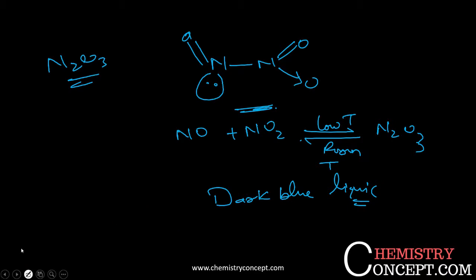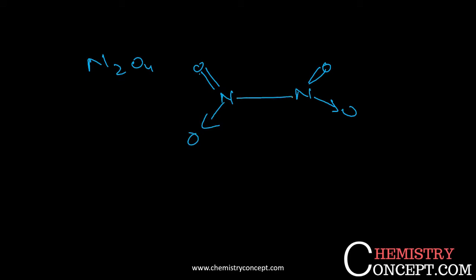Next we have N2O4. To write the structure of N2O4, first write N2, then just put oxygens as available and see the valency and maintain it. So this is N2O4. It can be prepared from NO2 at very low temperature.